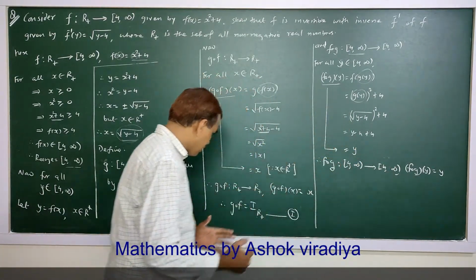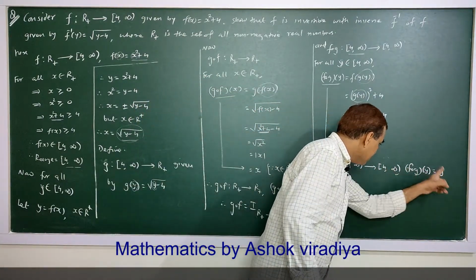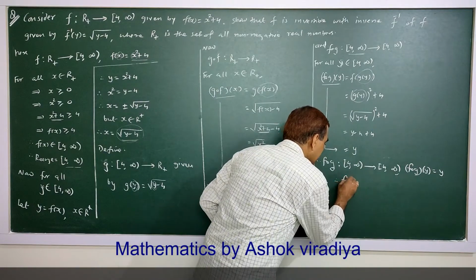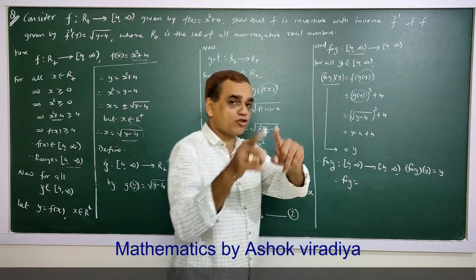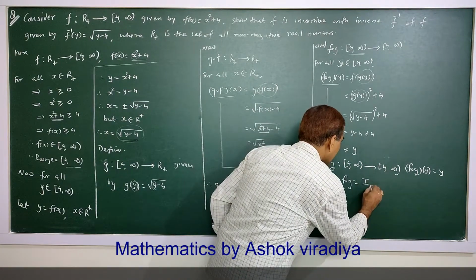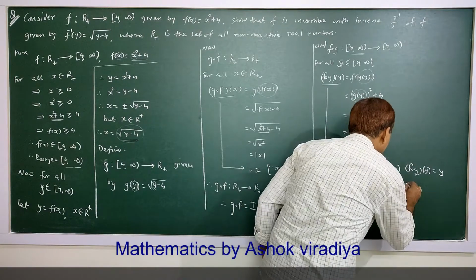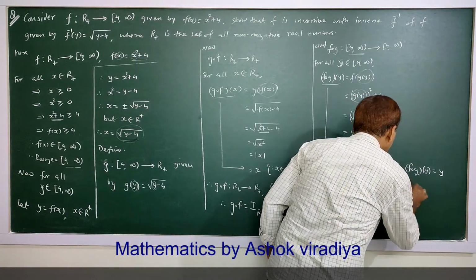If any function has the same domain and codomain and keeps elements unchanged, then that function is the identity function on this set. So this is the identity function on 4 to infinity. So the second condition is satisfied.